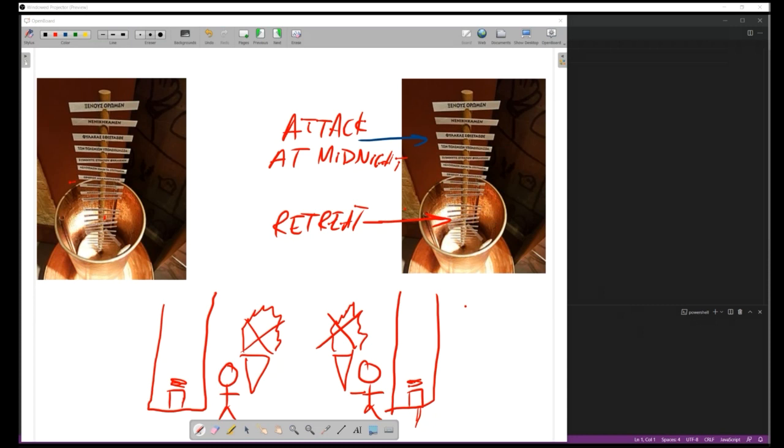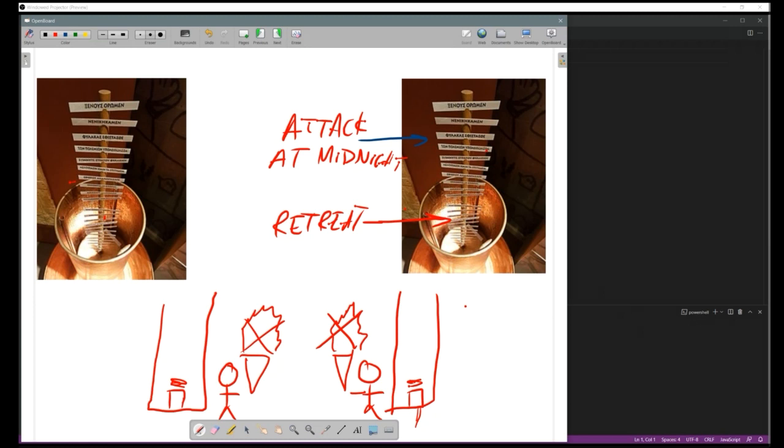Okay, so the transmission medium in this case is just the torch, the light from the torch.